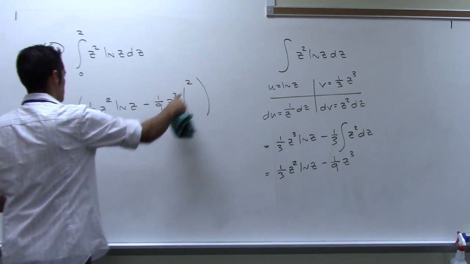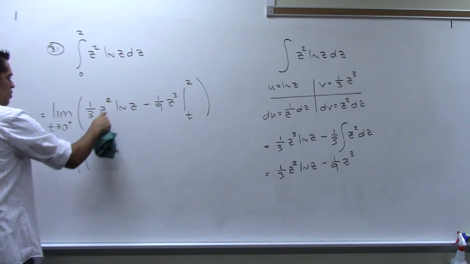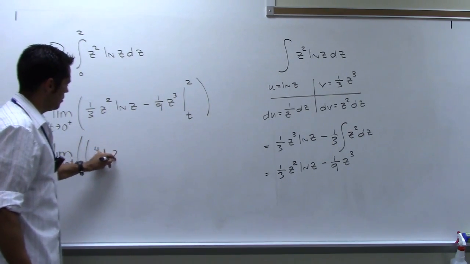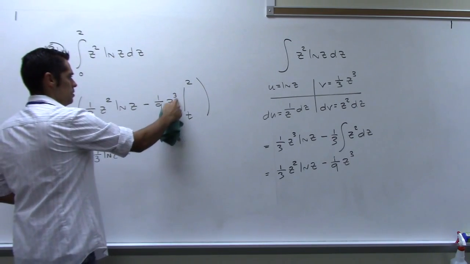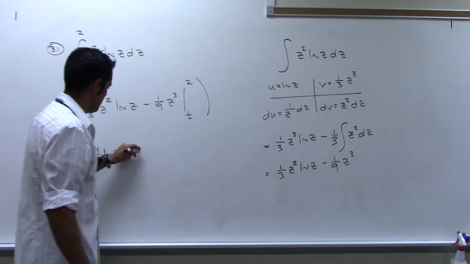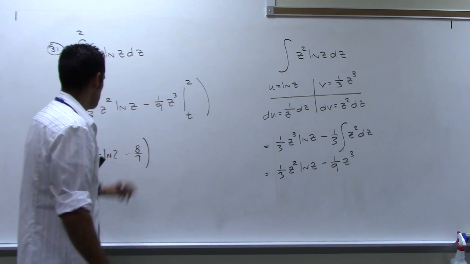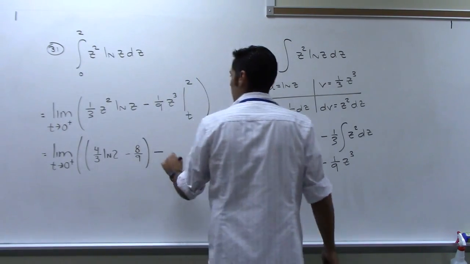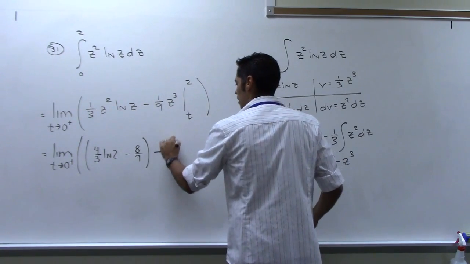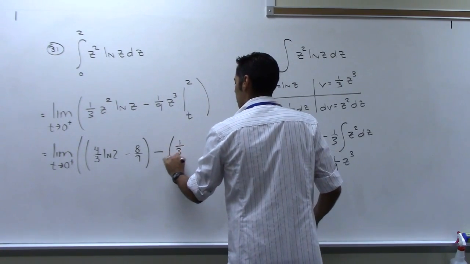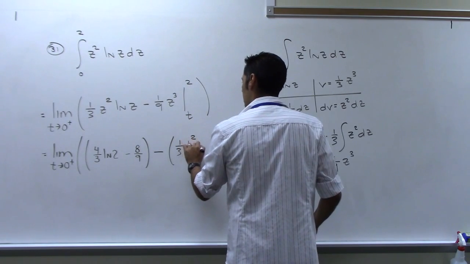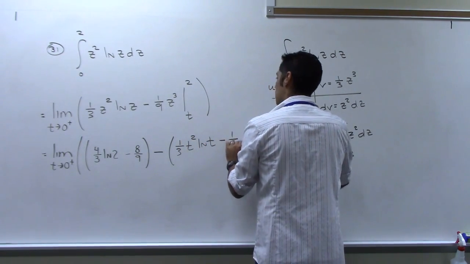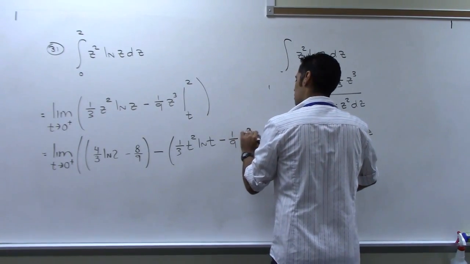First we'll plug in 2. So 2 squared is 4, so 4/3 natural log 2 minus, see, 2 cubed is 8, so 8/9. And that's just a number. Minus, now we plug t into this, and we get 1/3 t squared natural log t minus 1/9 t cubed.